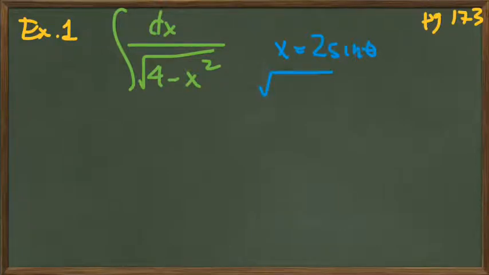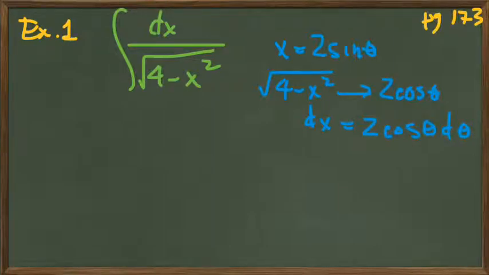So the square root of 4 minus x squared turns into 2 cosine theta, and the dx becomes 2 cosine theta d theta. So we're going to move everything in the integral over to the variable theta.